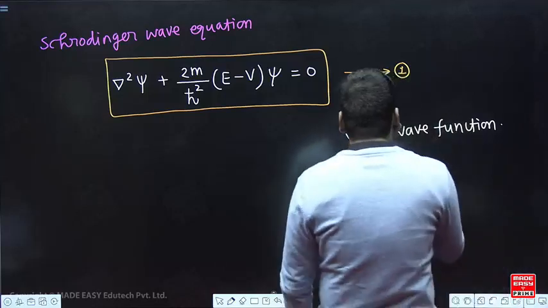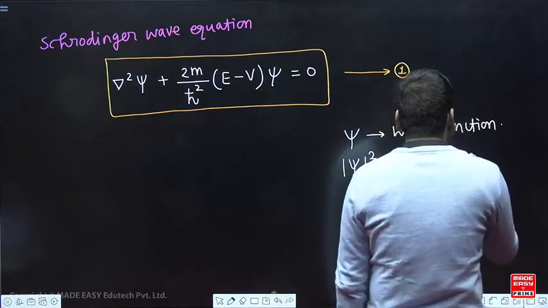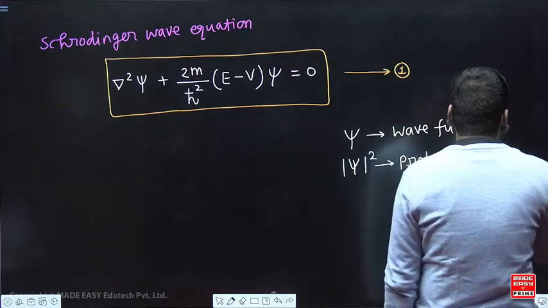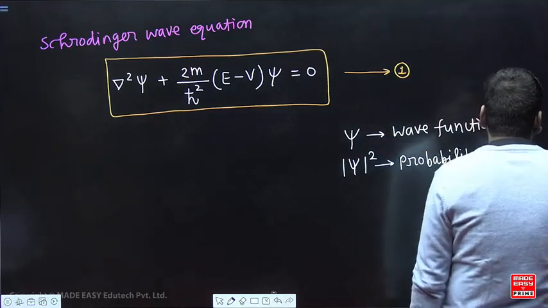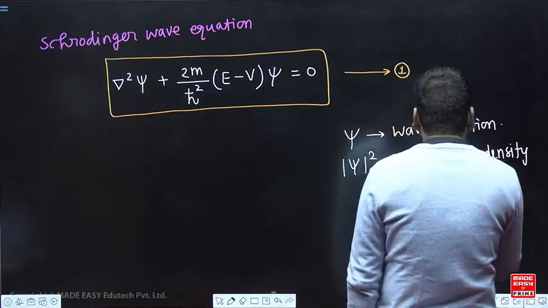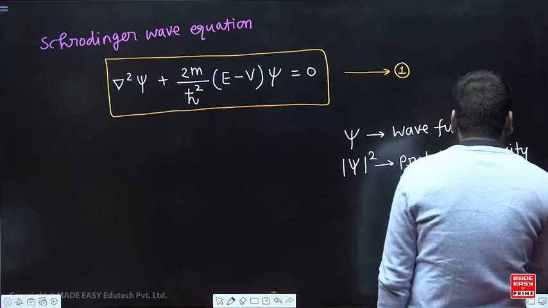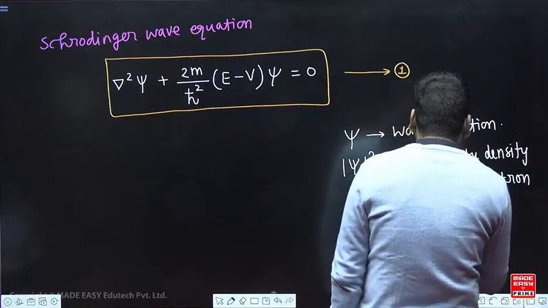That is probability density function of electron around the nucleus.